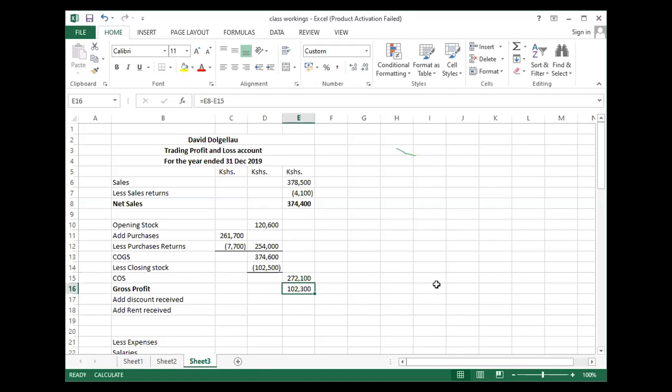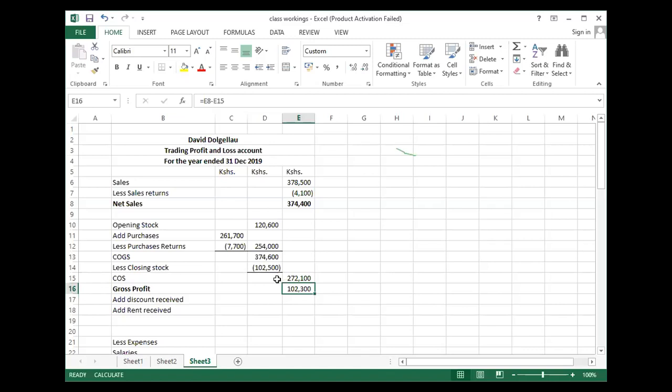Then there is electricity charge accrued, advertising expenses accrued, insurance premium paid in advance, business rates prepaid, depreciation, and bad and doubtful debts. I think they are not affecting the trading profit and loss account as of now.